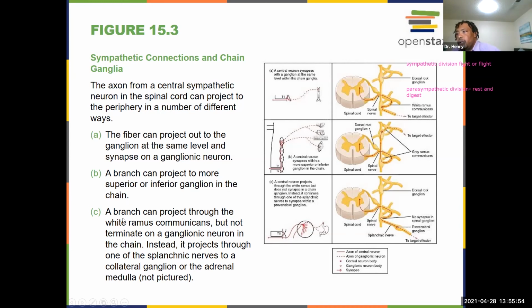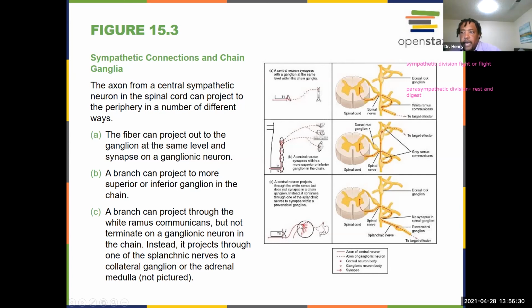Okay, or we could have branches that are projecting through the white ramus communicans, but not terminating on a ganglionic neuron chain. Instead, it projects through the splanchnic nerve to a collateral ganglion, or, which is not shown, the adrenal medulla. So in this case, we have it coming from the spine.